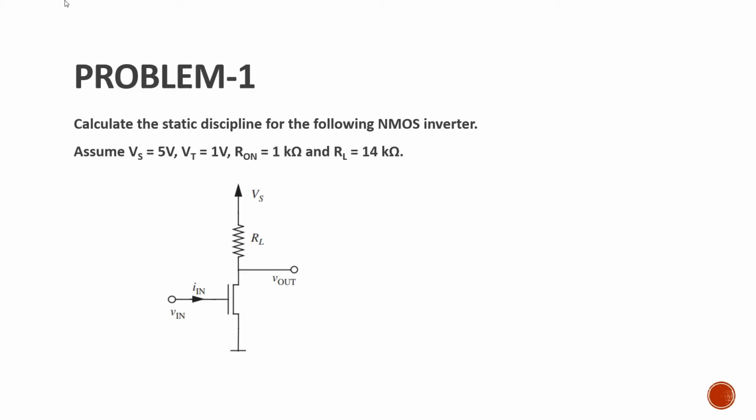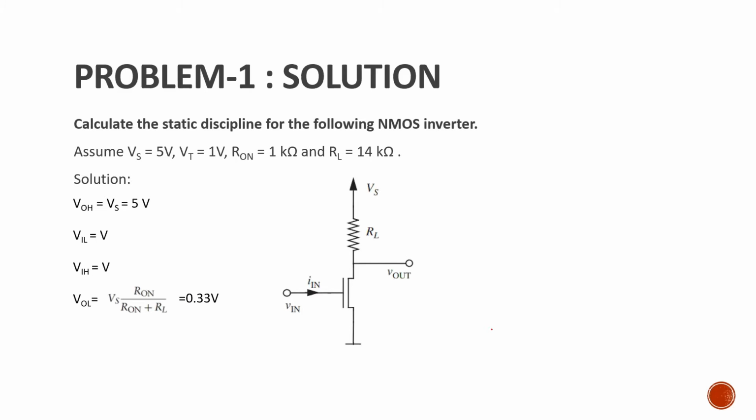Good. VT minus. Now, guys, it's time to discuss about VOL. VOL is the voltage at logic 0, the minimum voltage, like logic 0. Now, according to the voltage division principle, it is R on by R on plus RL into VS. See here, guys.